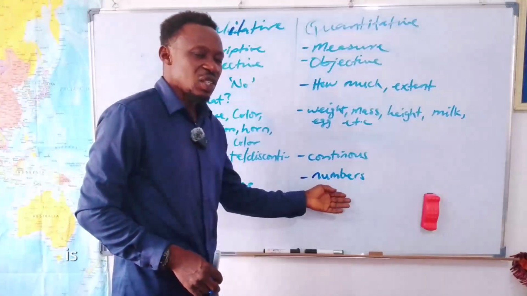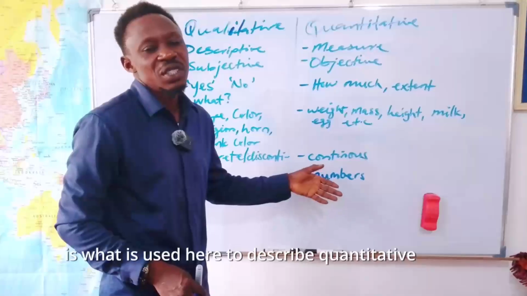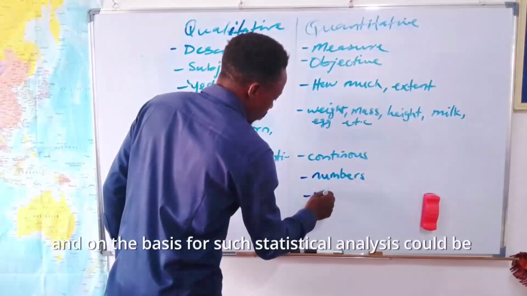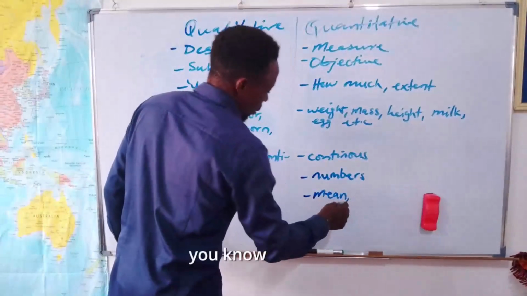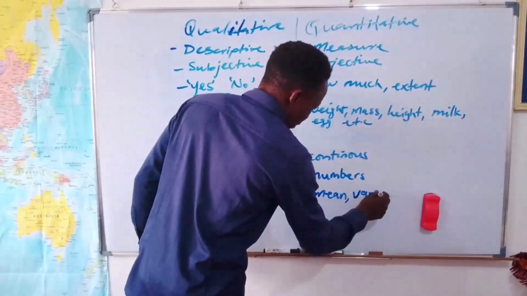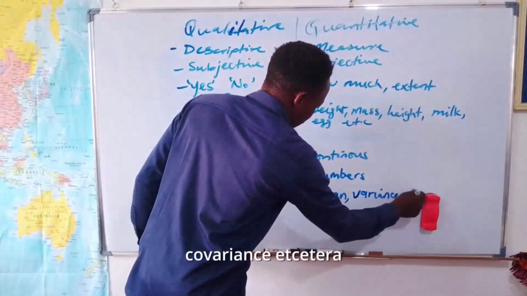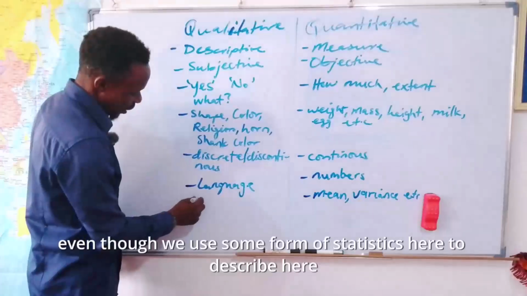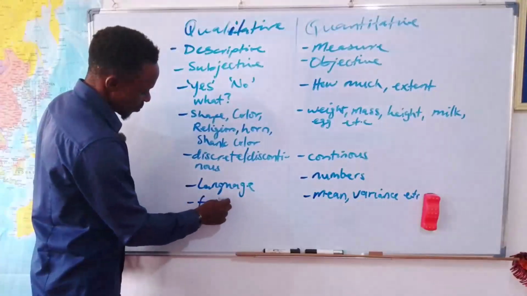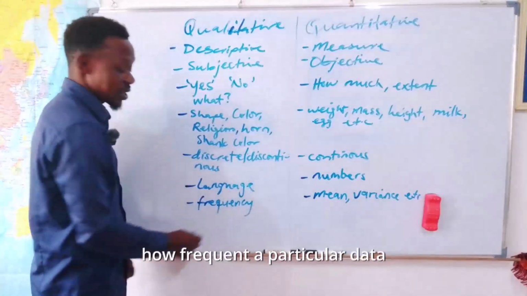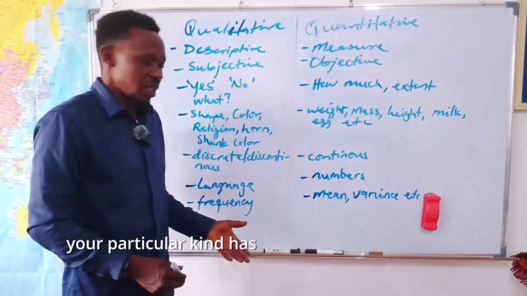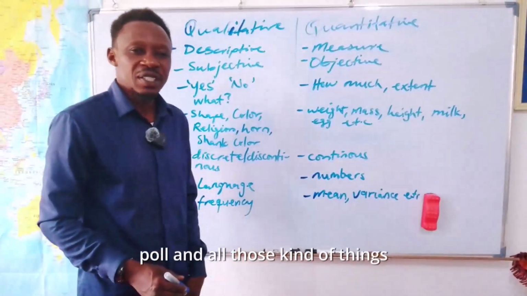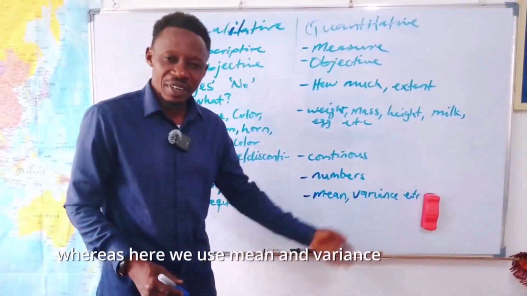Statistical analysis is what is used here to describe quantitative traits, and the basis for such statistical analysis could be means, variance, covariance, etc. So here, even though we use some form of statistics to describe it, it could just be like frequencies, how frequent a particular kind has appeared, things like frequency and all those kinds of things. Whereas here we use mean and variance.